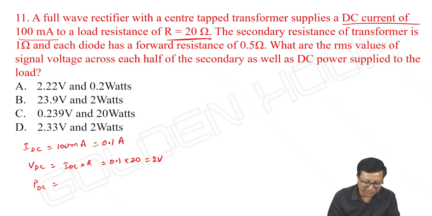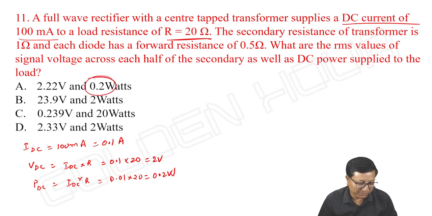So 0.1 into 2, it's 0.2 watts. Option A might be our answer. Anyway, IDC square into R, it is 0.01 into 20, it is 0.2 watts. So definitely option A might be correct because nowhere else do we have 0.2 watts. Anyway, let us have a look at the calculations.